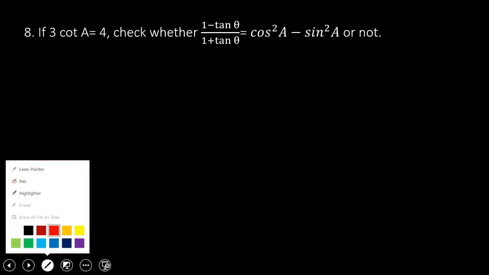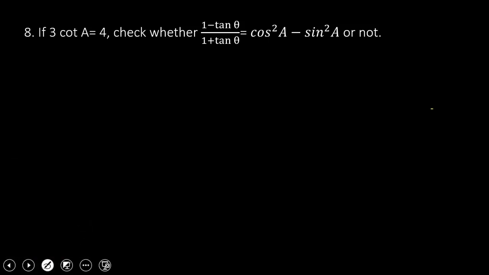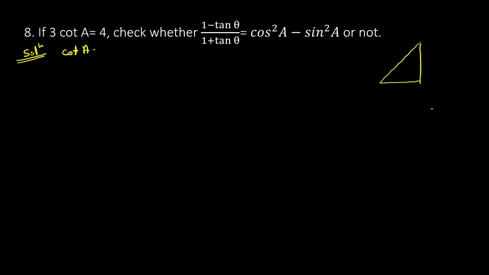As in the previous questions, we will firstly make a triangle. Let's solve it. If 3 cot A equals 4, so cot A will be 4 by 3.